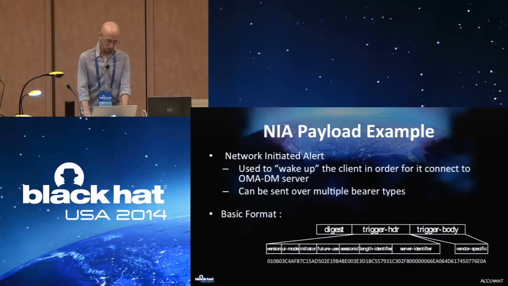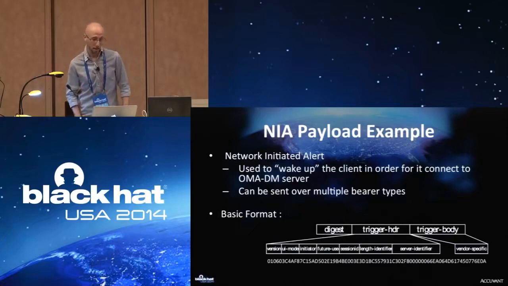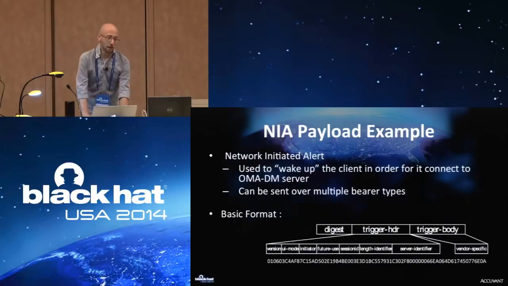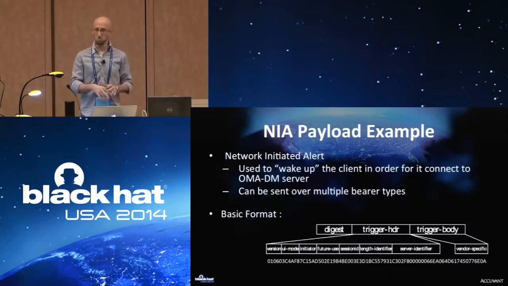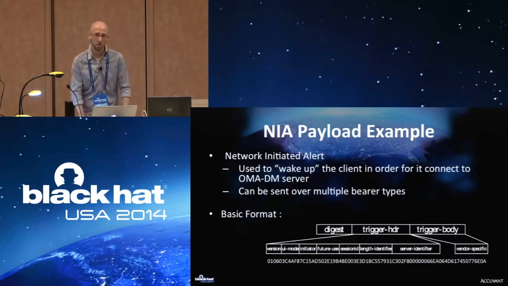Goes into session ID, the length, pretty standard stuff, server identifier. Also, there's the digest, which Mark kind of talked about a little bit earlier, the different kinds of authentication, so you didn't include the digest in there. And it can be delivered on just about any kind of bearer type, so that includes standard GSM to CDMA, LTE, you name it. You can do it over OBEX if you want.